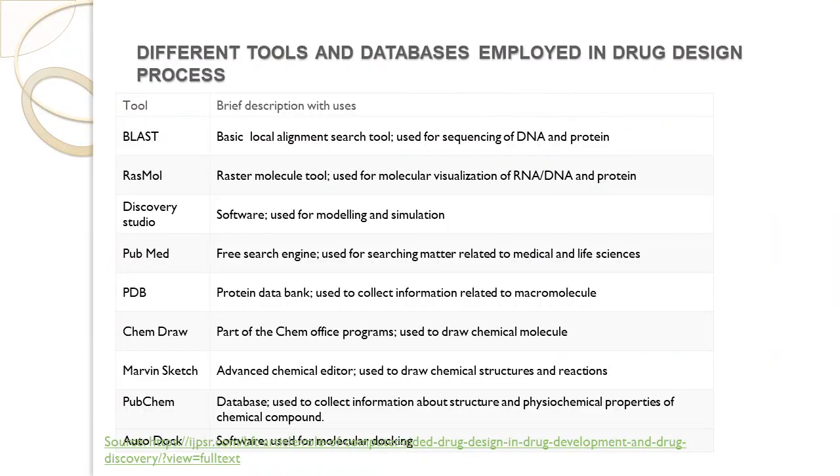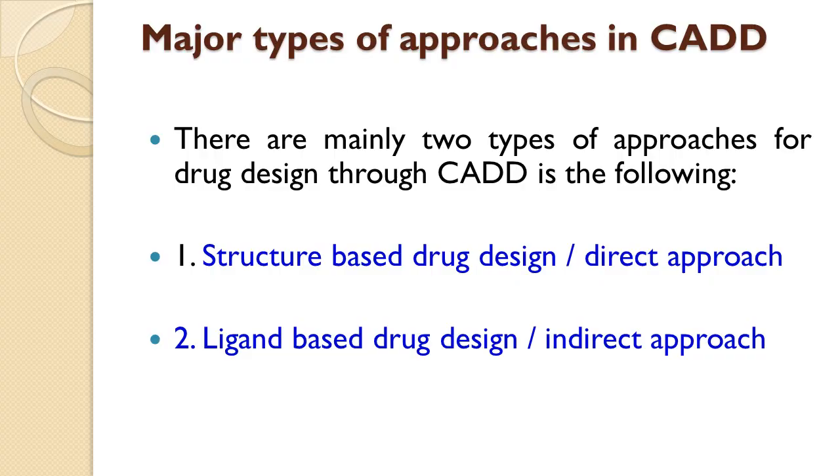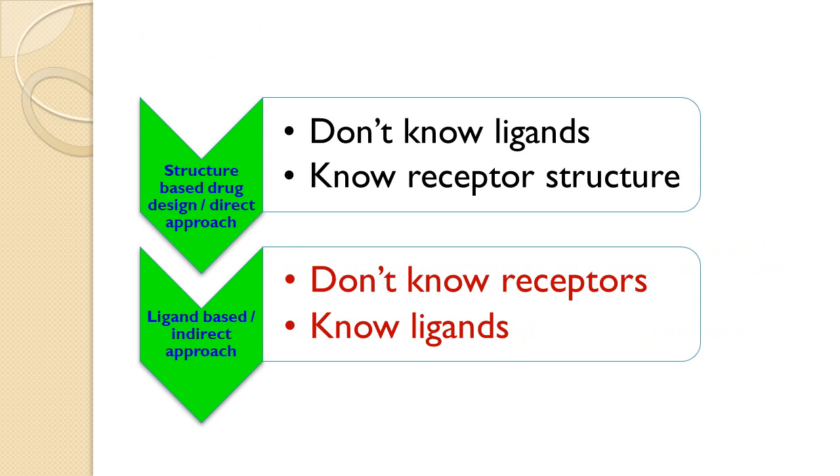Different tools and databases are employed in drug design processes like BLAST, RASMOL, Discovery Studio, PubMed, PDB, ChemDraw, Marvin Sketch, PubChem, AutoDock, etc. There are two major types of approaches in CADD, namely structure-based drug design, that is the direct approach, and ligand-based drug design, that is the indirect approach.